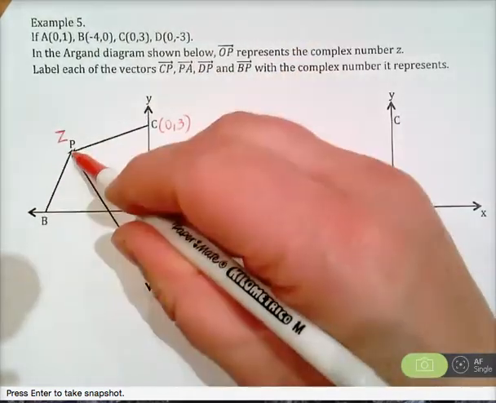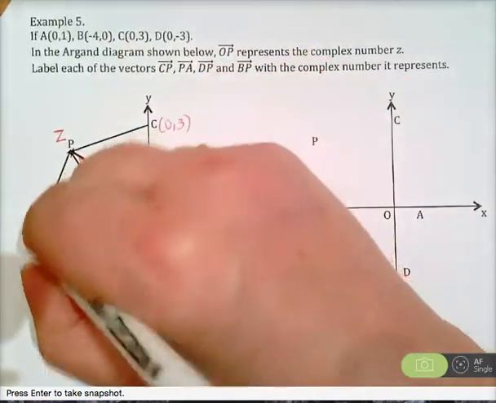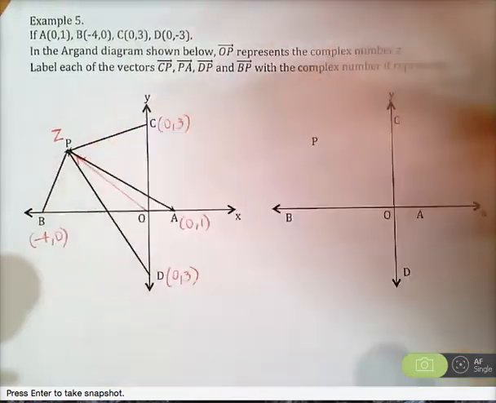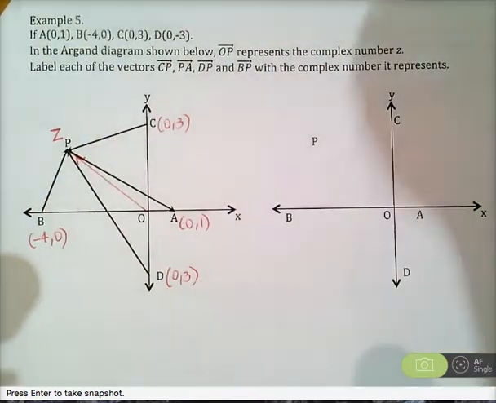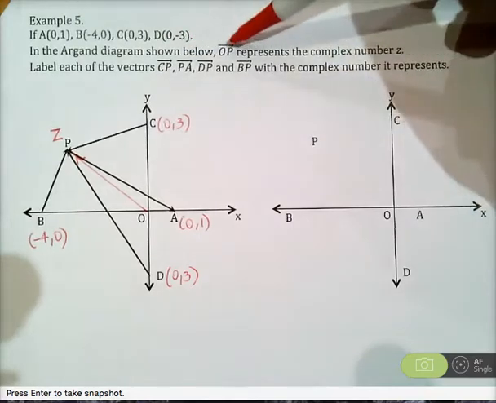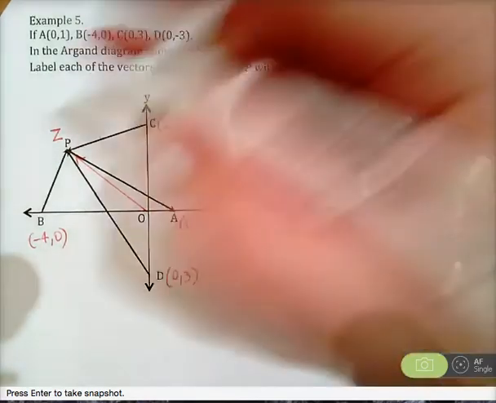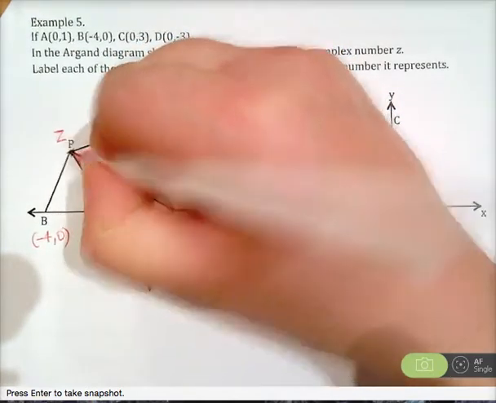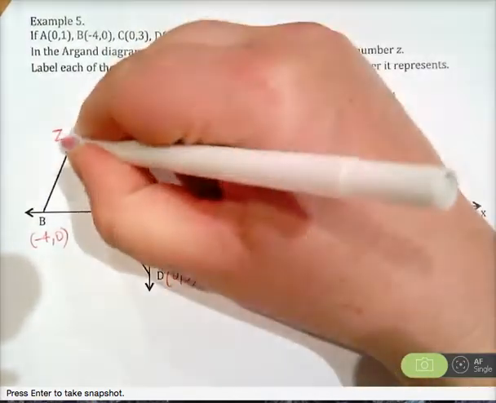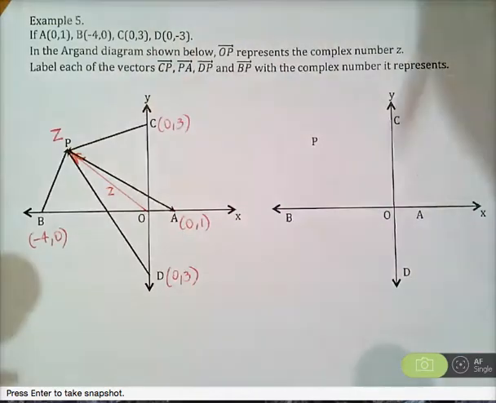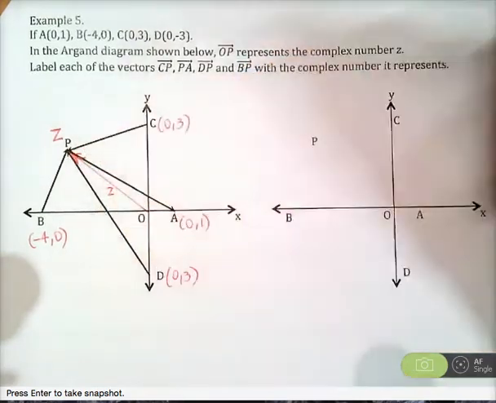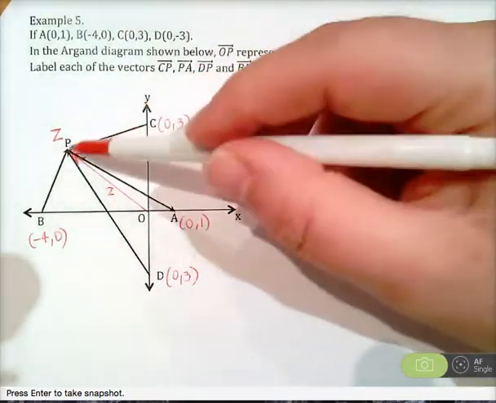Okay, now it says, in the Argand diagram below, OP represents the complex number Z. So from O to P is Z. I'm just going to put a Z there along here. Now, label each of the vectors CP, PA, DP, and BP with the complex number that they represent.